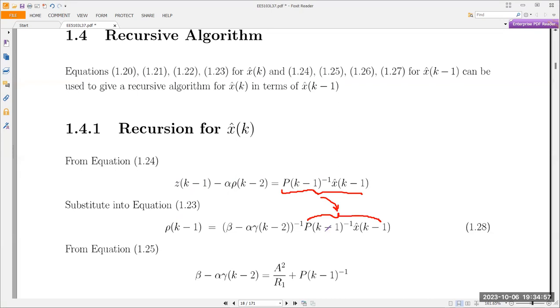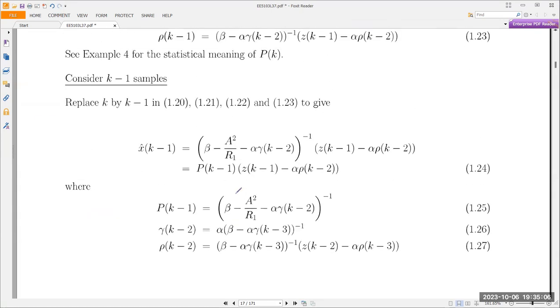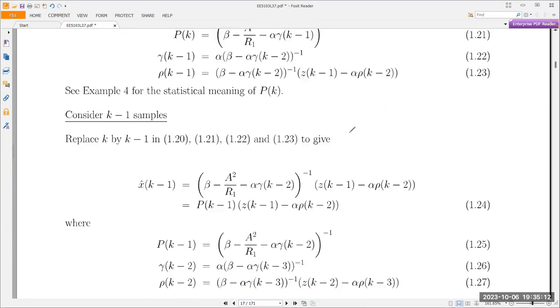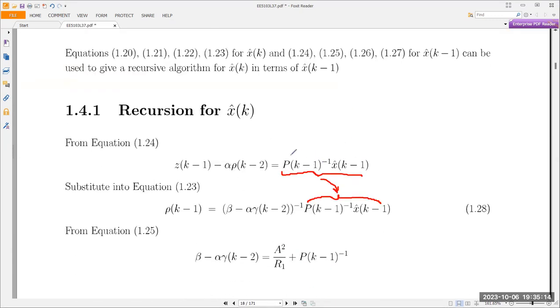All right, again, in equation 23, you must have this z minus alpha rho. 23 is z minus alpha rho. So this one must have been replaced by this. That's why it's here. This is actually equation 24. Originally, this part is z minus alpha rho. Okay, so now it's replaced by this.